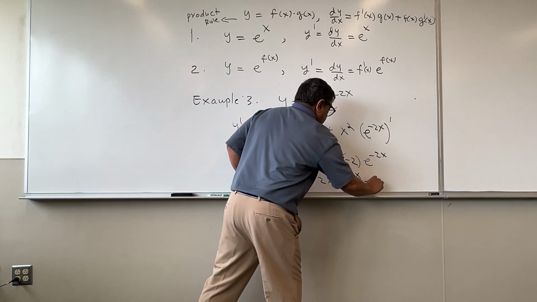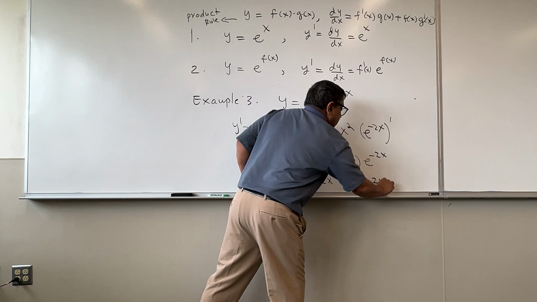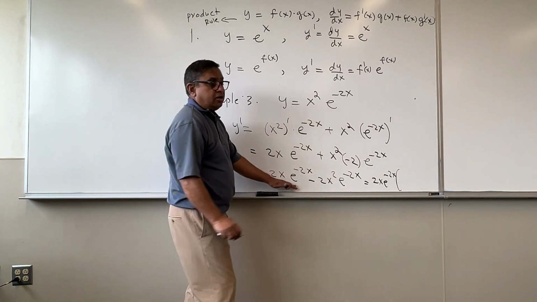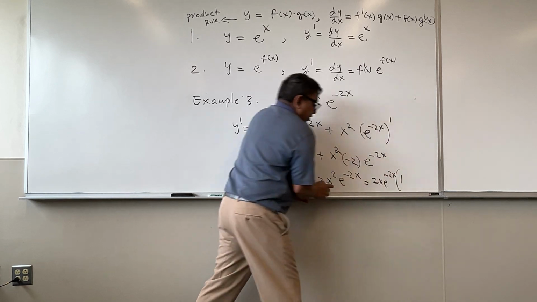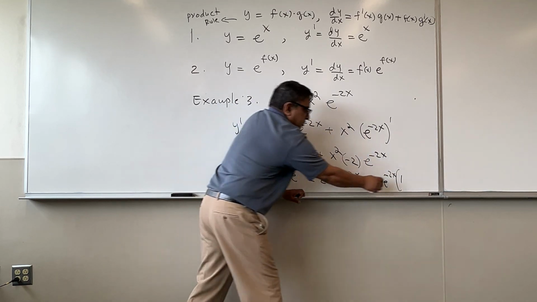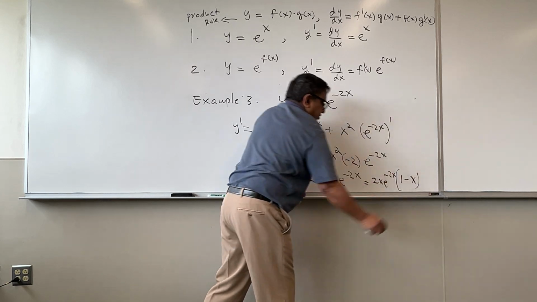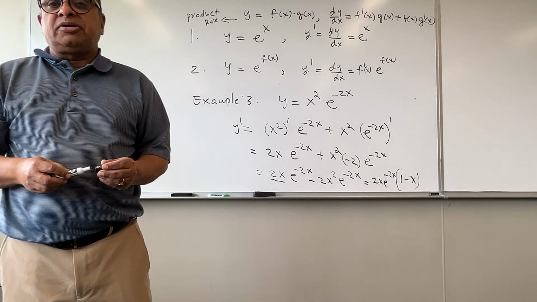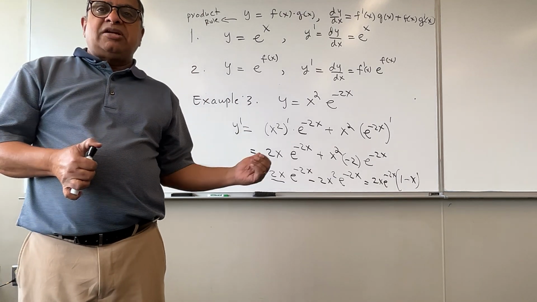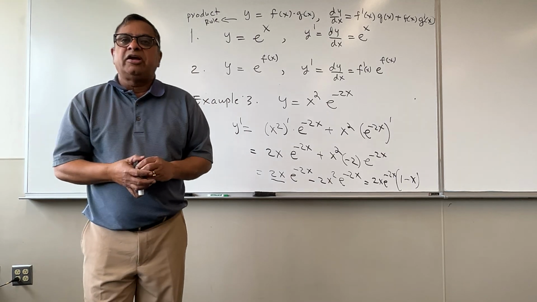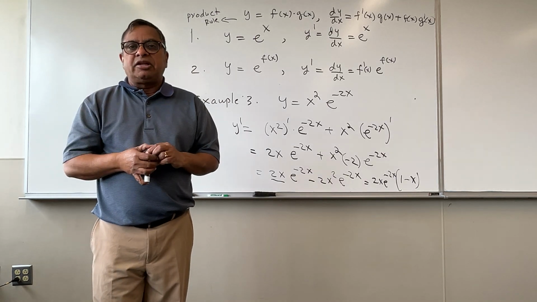So if you factor that, 2x times e to the power of minus 2x, that leaves you 1 here. We removed 2, we removed x, we removed e to the minus 2x, so here you have only x as a common factor, and that could be the answer in the book. And sometimes this kind of factorization is helpful in the future when we try to find the so-called critical numbers.